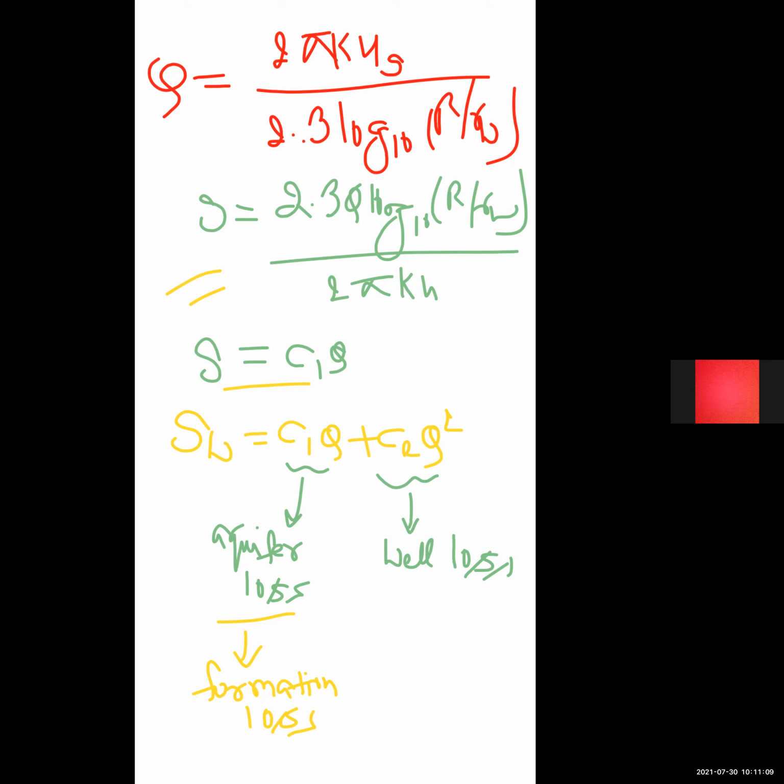So the specific capacity of a well is defined as the well yield per unit drawdown. So the specific capacity is equal to the discharge of the well divided by the drawdown.